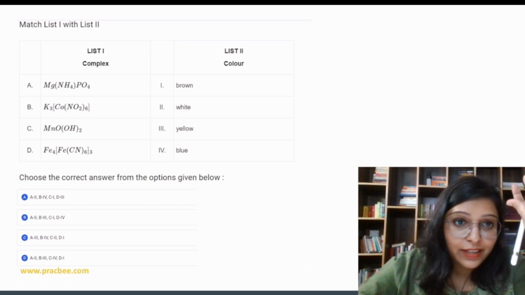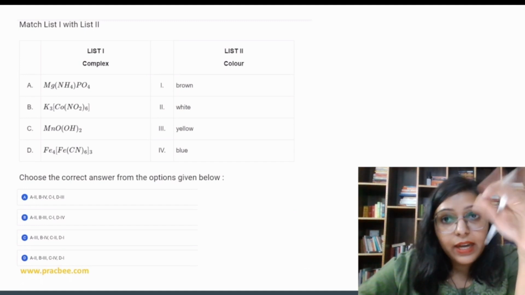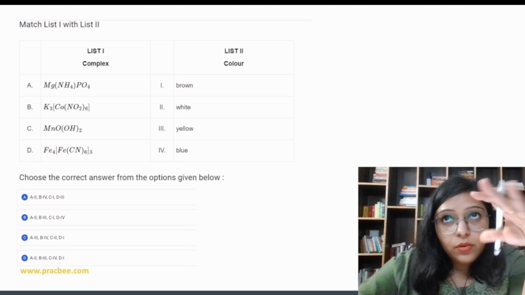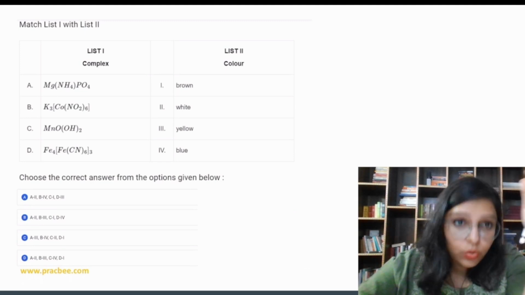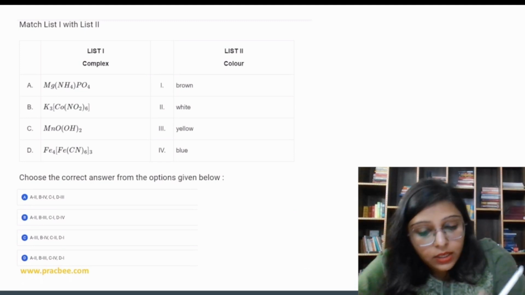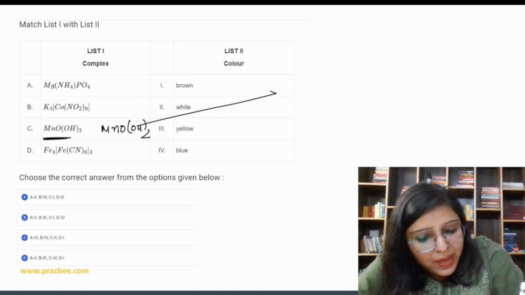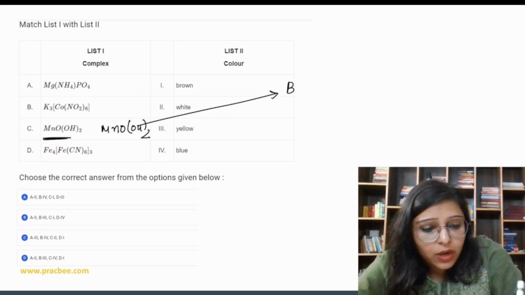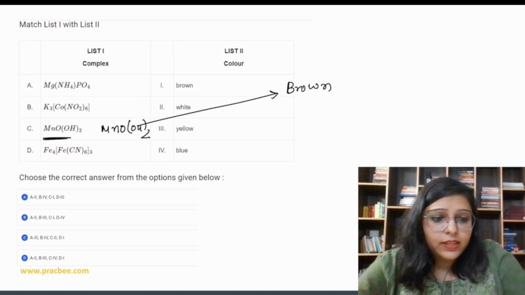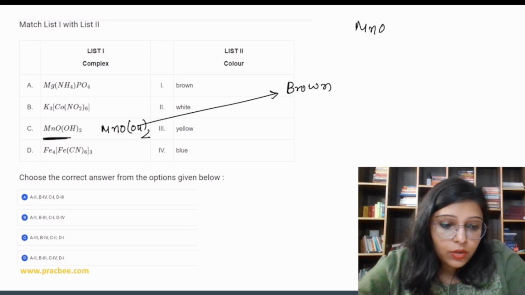Again, you have to choose the complex whose color is known to you. So see, if we look at option C, that is MnO2, in basic medium, MnO2 is brown in color. How to memorize this? We have KMnO4. So MnO4-, it is purple or magenta pink in color.